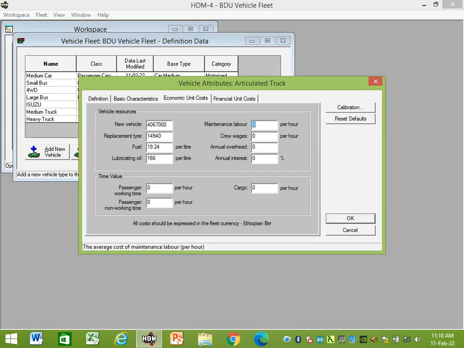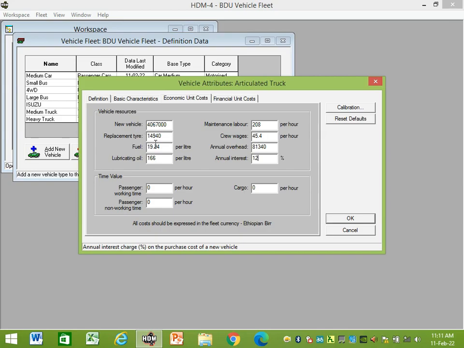Maintenance labor 208. Crew wages 45.4. Overhead 81,340. 12%. Leave the rest as it is.